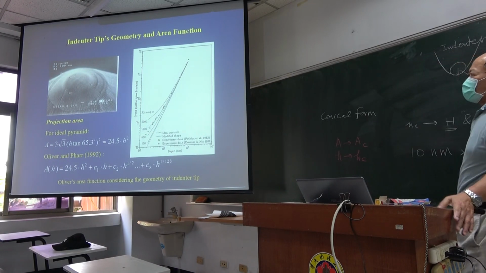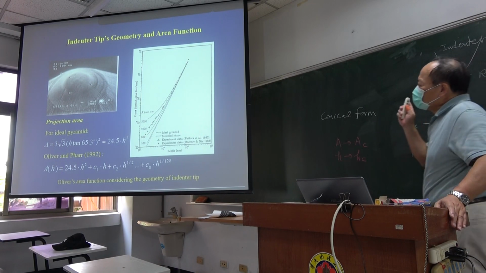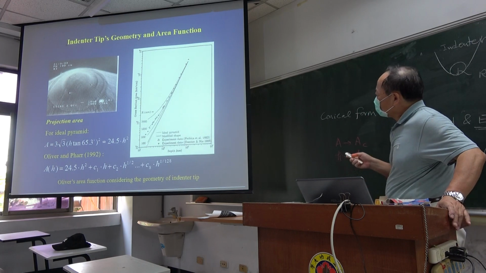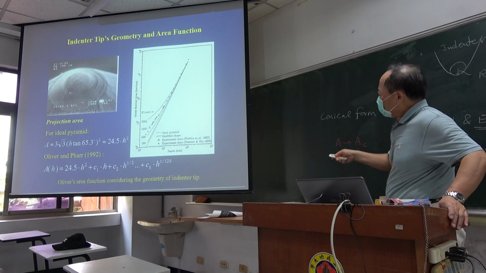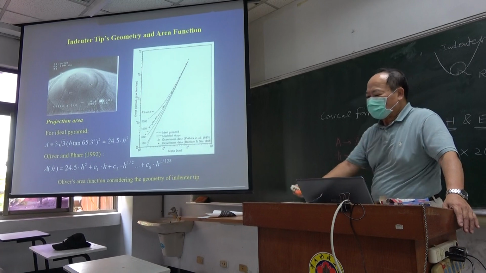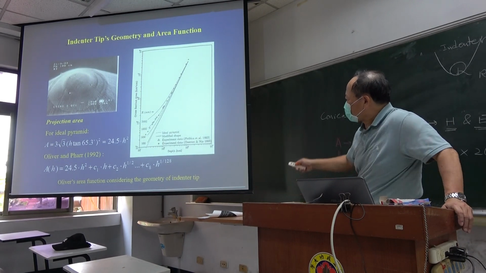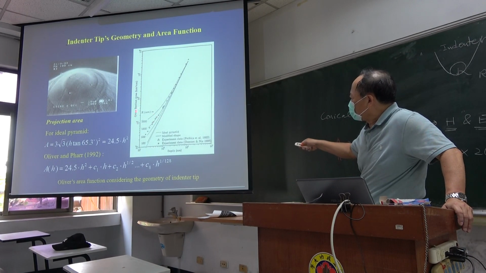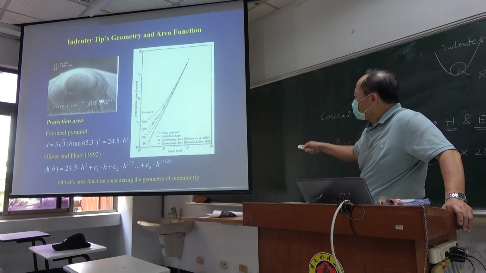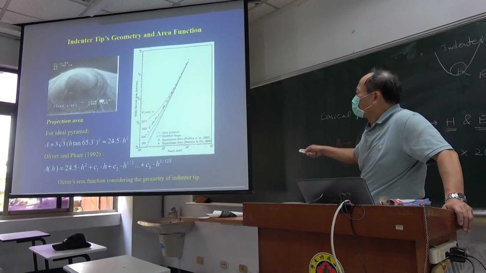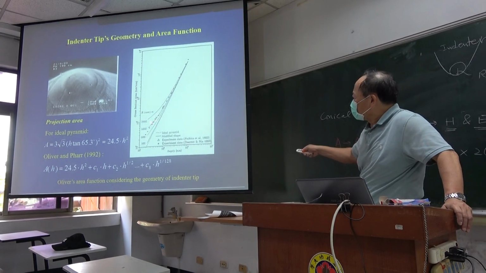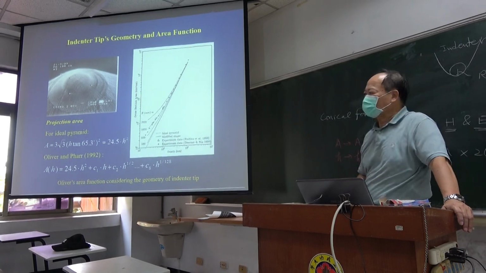So in the future, when you have your indentation depth at a small value, you should be very careful, because you use a different radial curvature at the same operating condition, but you will find that your cross-section area has a different value.